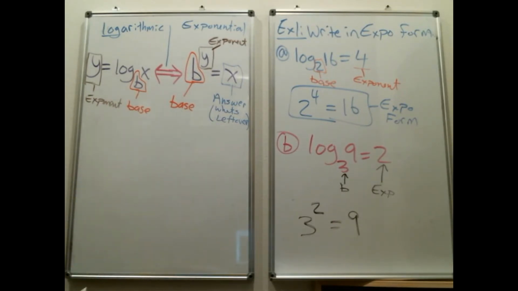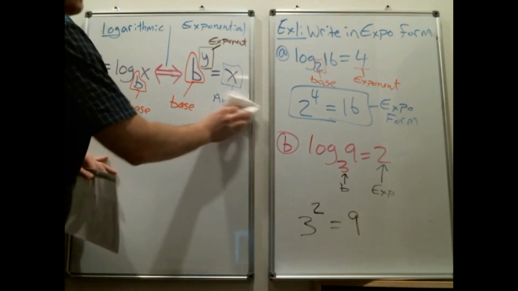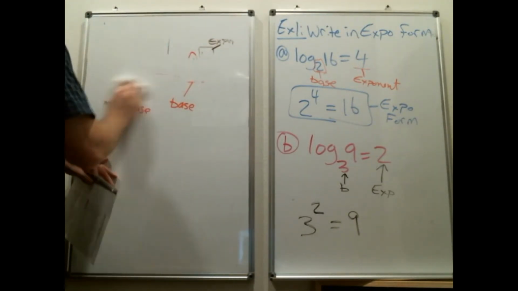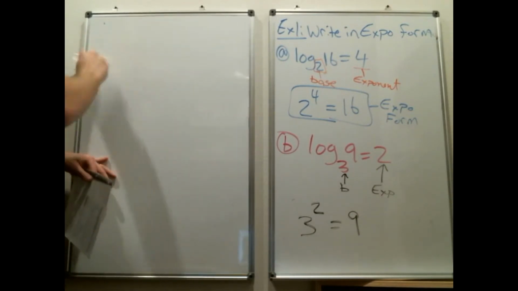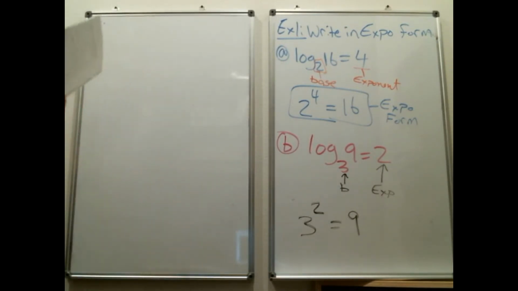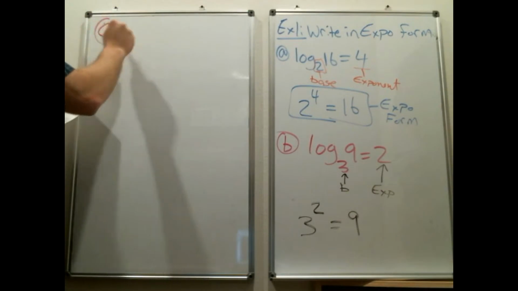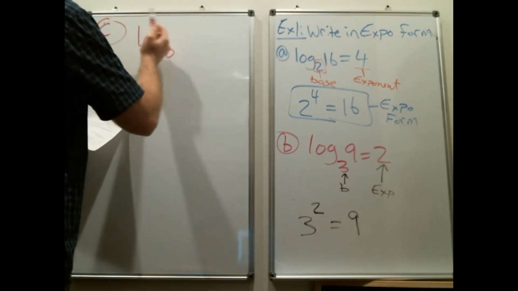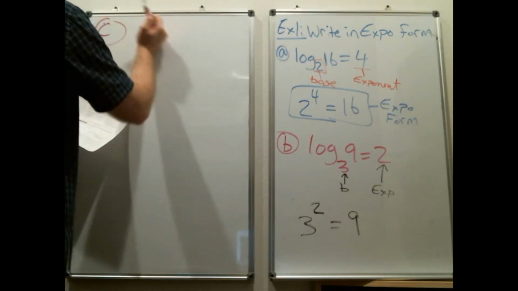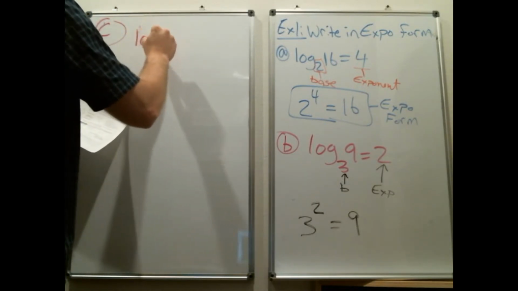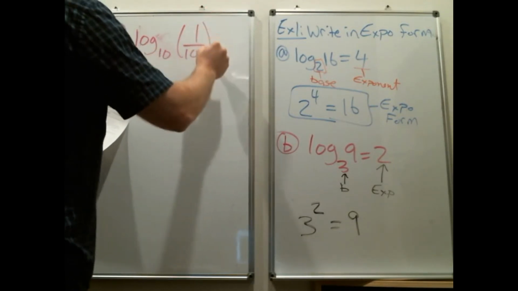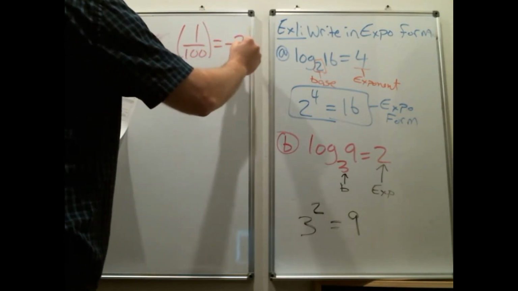Alright, let's look at a little funkier one, but not too bad. Part C, log base 10 of 1 over 100 is equal to -2.